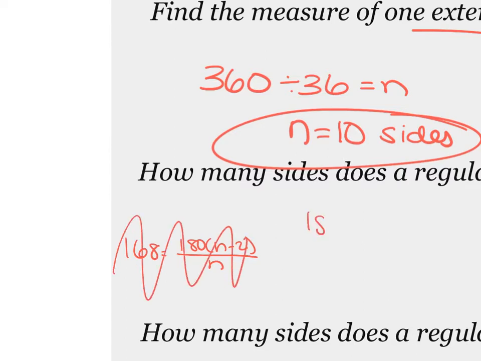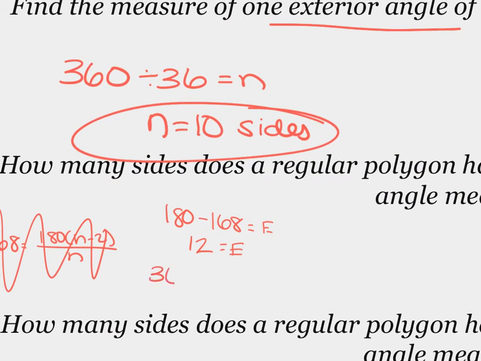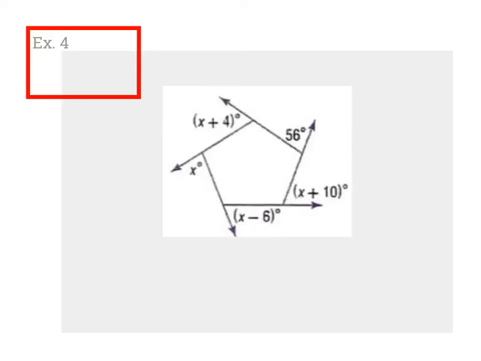Or we can say 180 minus 168 gives us the exterior angle. 180 minus 160 is 20, minus 8 more is 12. Now I can take that 12 and say, well, 360 divided by 12 equals my number of sides. 36 divided by 12 is 3. Tack on the 0 to account for that ones place. So I have 30 sides.